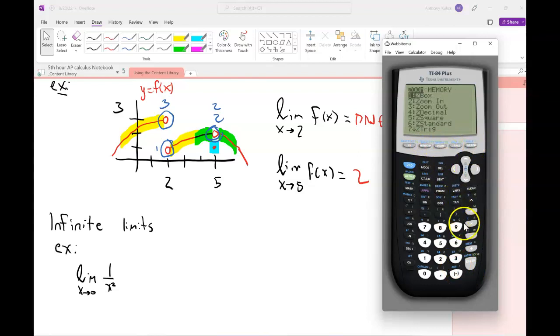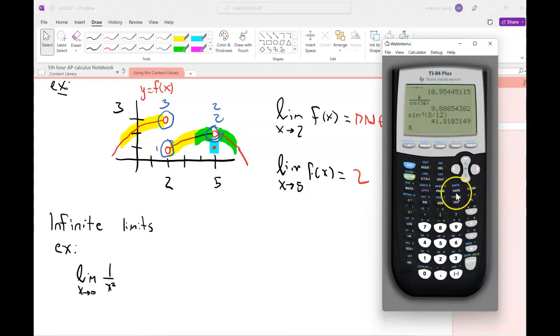Alpha y equals, option 1 will give you the fraction. If I look at what's going on here at x equals 0, what does the graph appear to be going to? Positive infinity. It's going up, bigger and bigger.